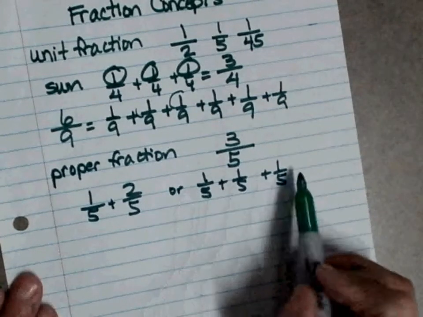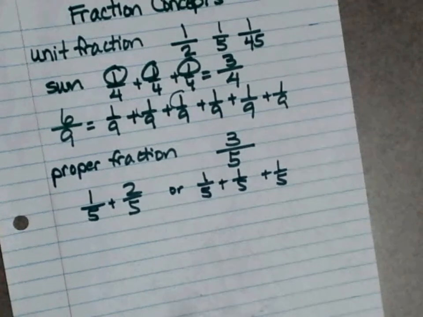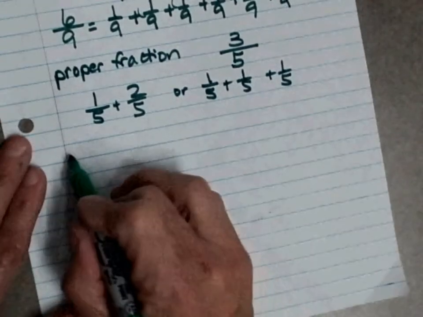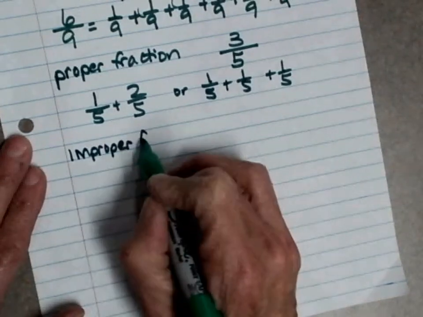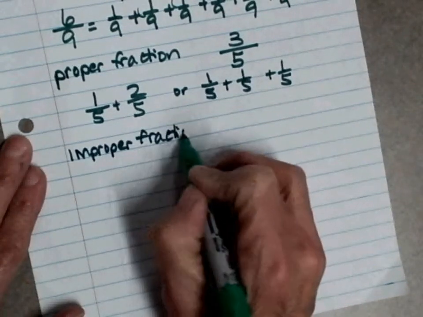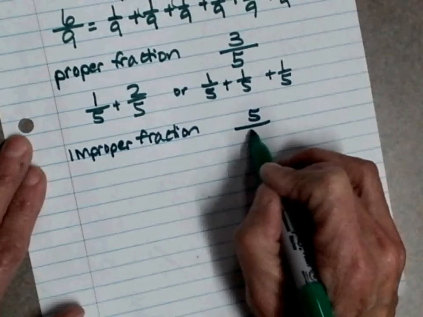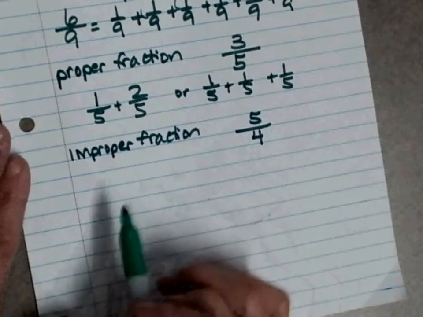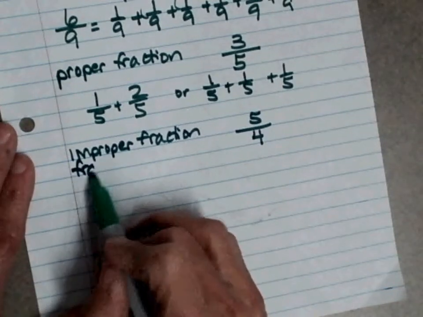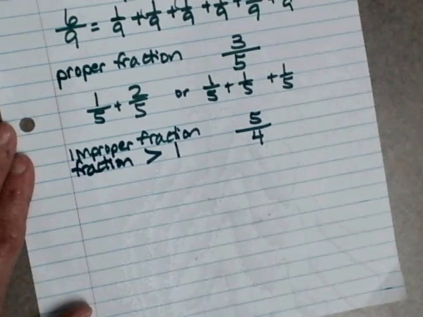We have a lot more options when we just decompose as a sum of fractions versus a sum of unit fractions. Now let's talk about if we can decompose an improper fraction. An improper fraction is where your numerator is greater than your denominator, which also is called a fraction greater than 1.